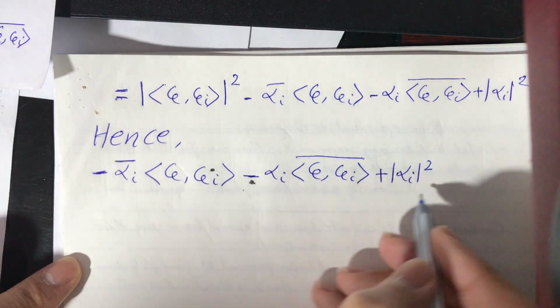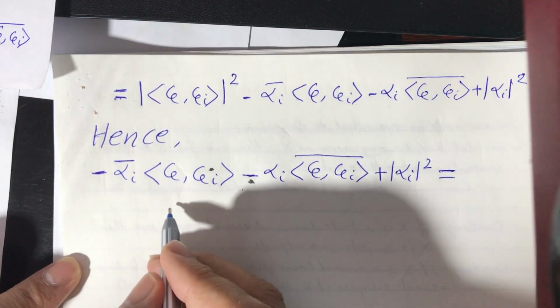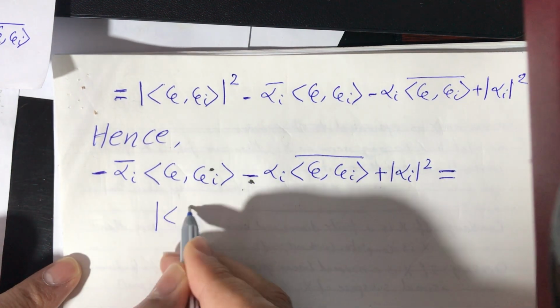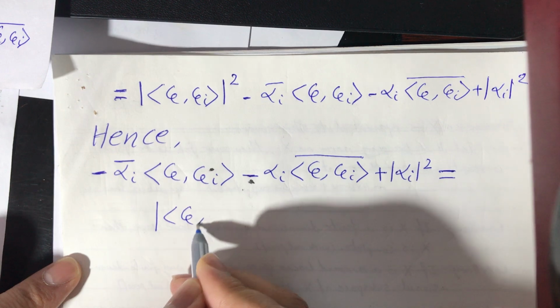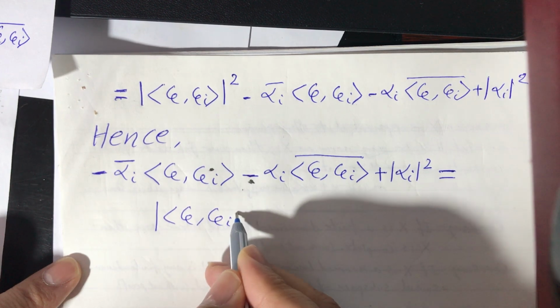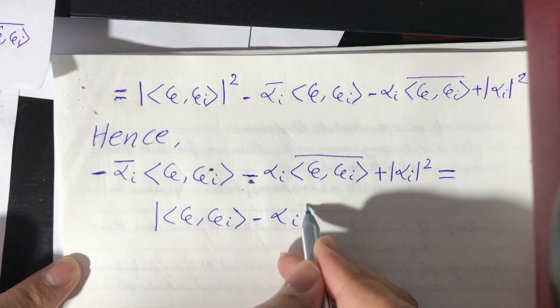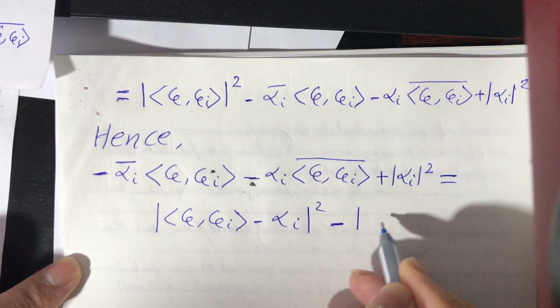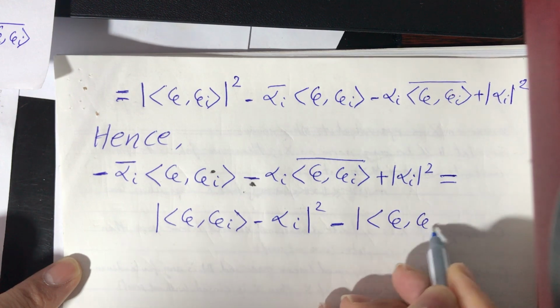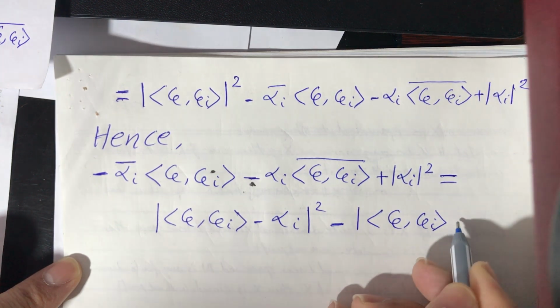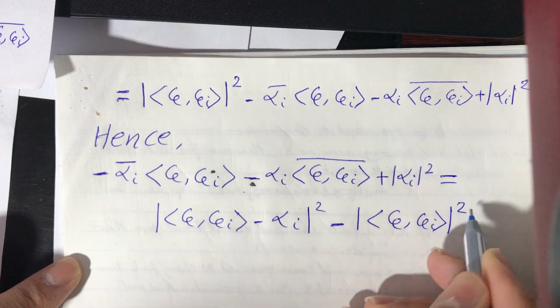Here this is equal to the absolute value of phi i minus alpha i, squared, minus the inner product of phi i, all squared.